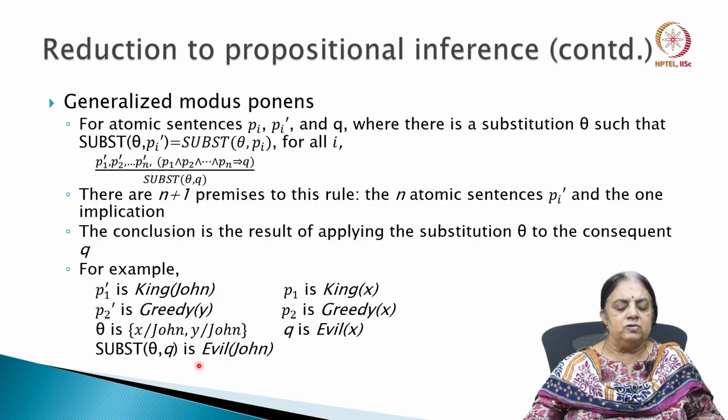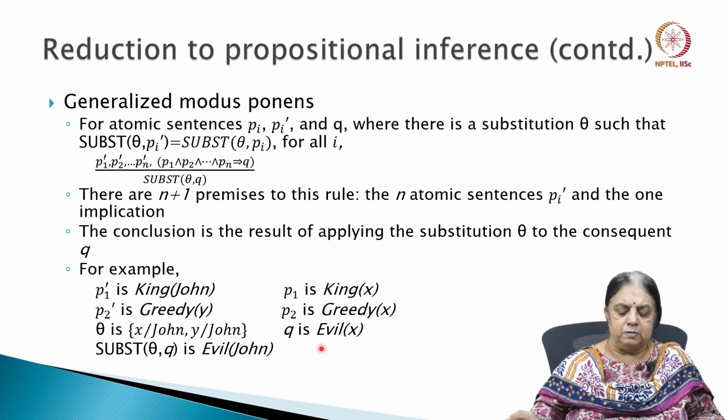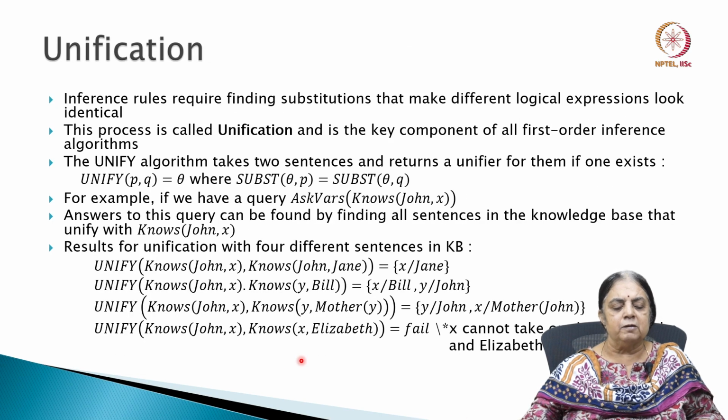You put the substitution in so that Q becomes Evil John. That is how you do a generalized modus ponens, using more than one sentence to come up with the inference.